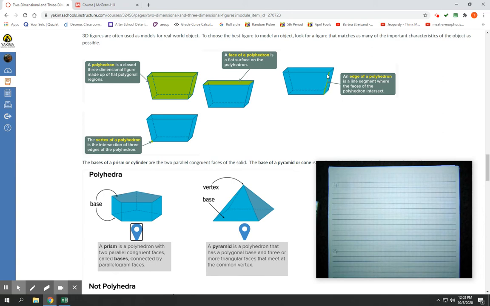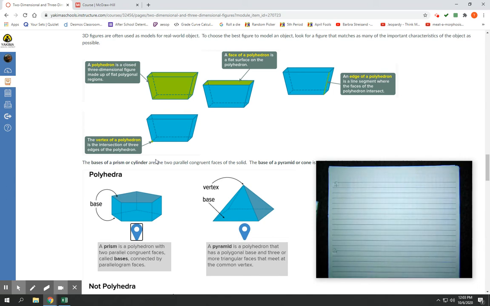Right? So this edge here, edge here, lots of edges. Vertex of the polyhedron is the intersection of the three edges of the polyhedron, right? So all of these corners, I would call them corners, those are vertices.